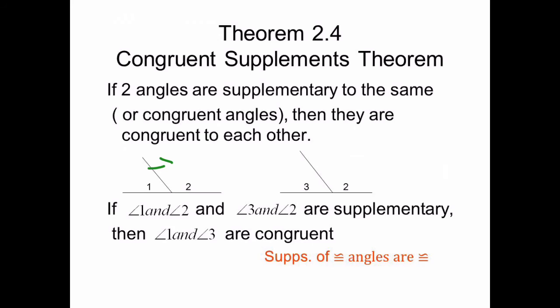So 1 is supplementary to 2 and 3 is supplementary to 2. So since they're both supplementary to the same angle, angle 1 and angle 3 must also be the same. So a way to think of this is, let's say that angle 2 is 100 degrees. The only thing that can be supplementary to that is something that is 80 degrees. So whether it's angle 1 or angle 3, they must both be 80, so therefore they are congruent.